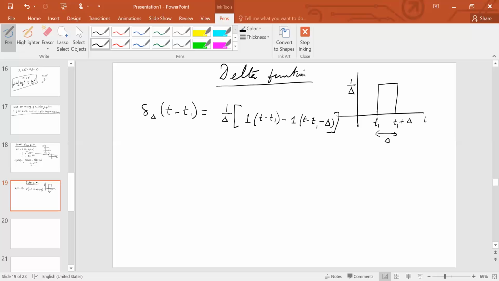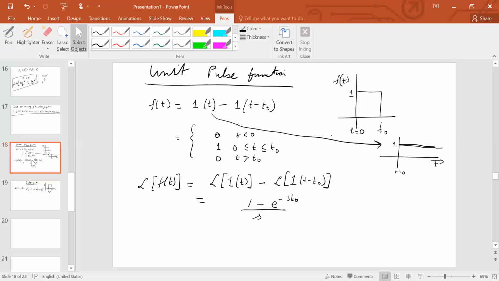Why does this work out, by the way? I did not elaborate on this. You see, this is with a positive sign, so this starts like this. And if you look at this other unit step here with a negative sign, this one will start here, at T0.